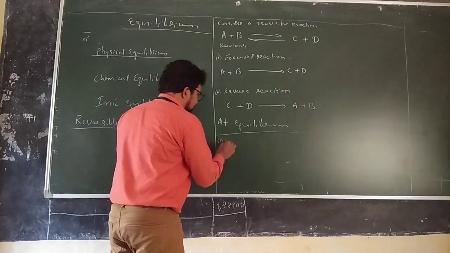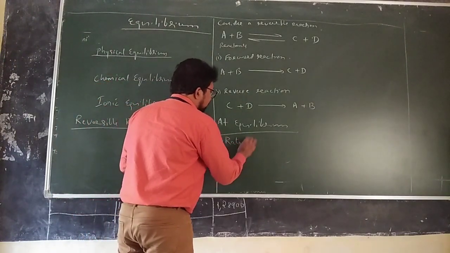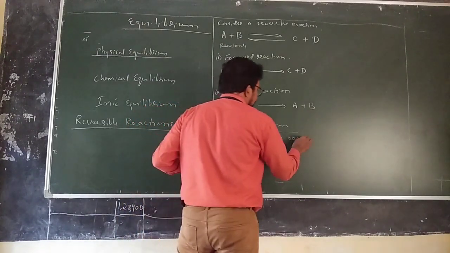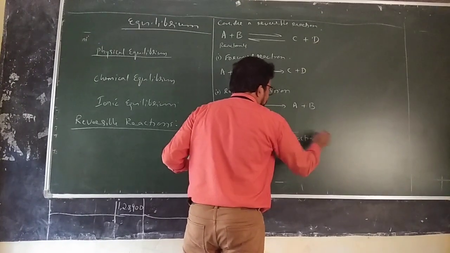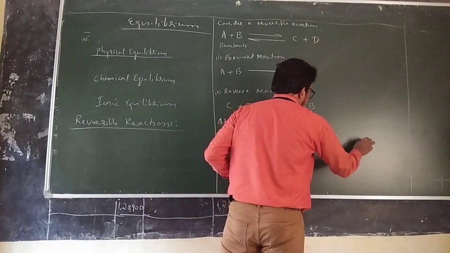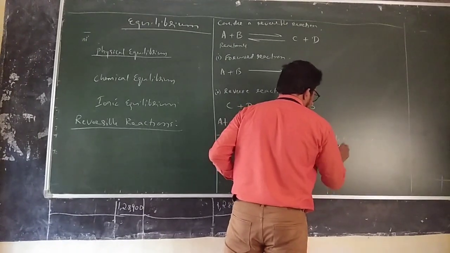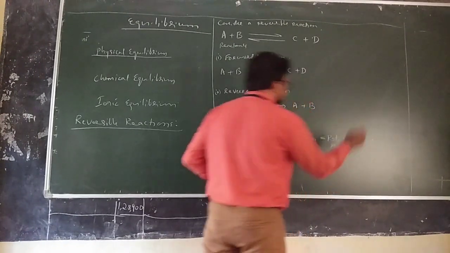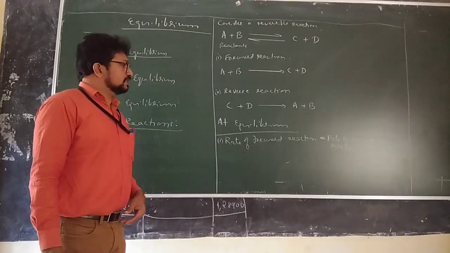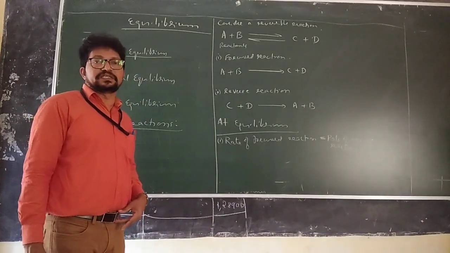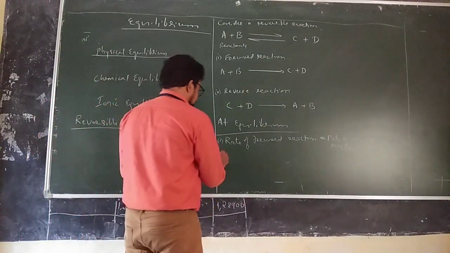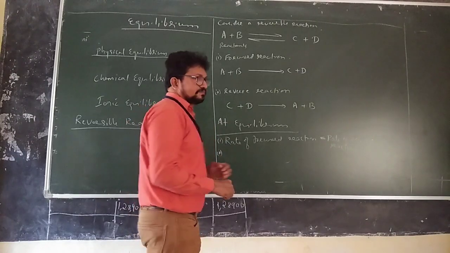First point is rate of forward reaction equal to rate of reverse reaction. Rate of forward reaction is equal to rate of reverse reaction. This is the first point.